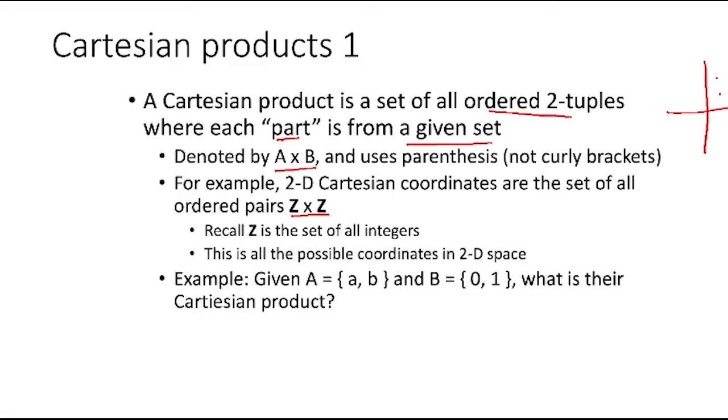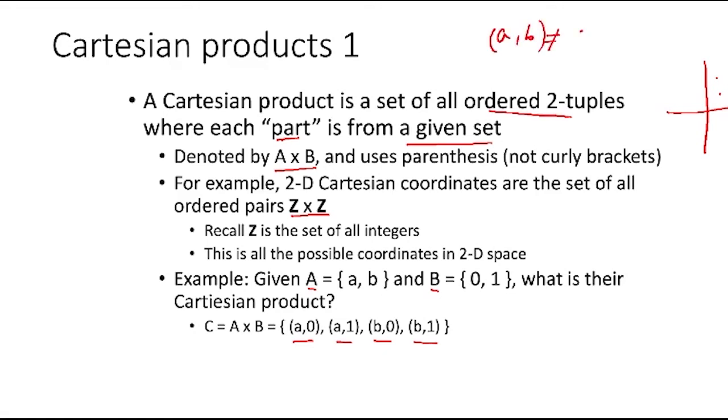So what is the meaning of this Cartesian product? A is given, B is given. Then the Cartesian product A cross B is the set of pairs (a0, b0), (a1, b1) and so on. B cross A will be different because we know that A comma B is not equal to B comma A in an ordered pair, unless A is equal to B, right? If A is equal to B is given, then obviously both will be the same.